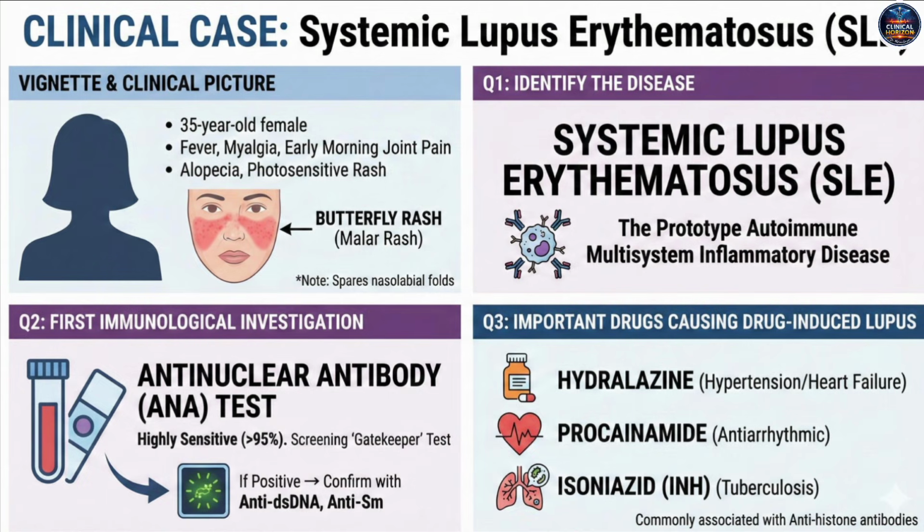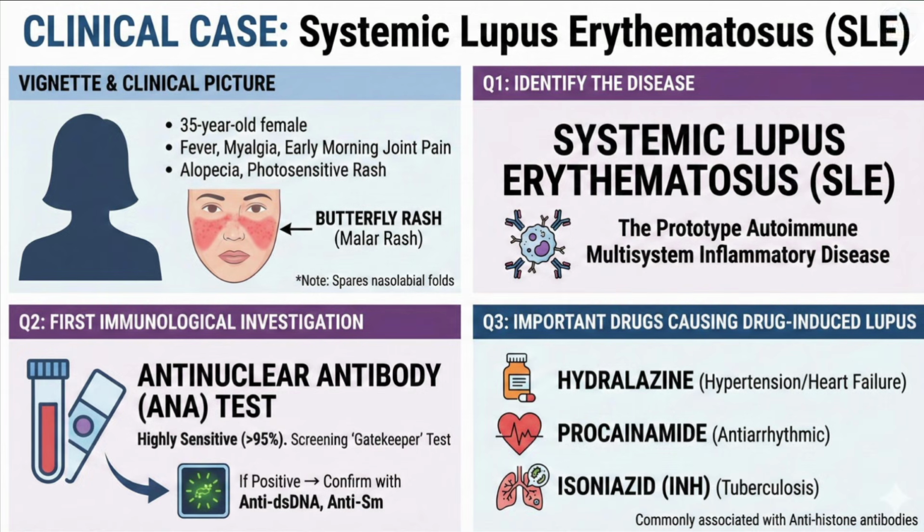If the examiner asks you the diagnostic criteria, mention that according to the latest EULAR/ACR 2019 criteria, a positive ANA of at least 1:80 is now a required entry criterion for classifying a patient as having SLE. This reinforces why it's the first test you order.